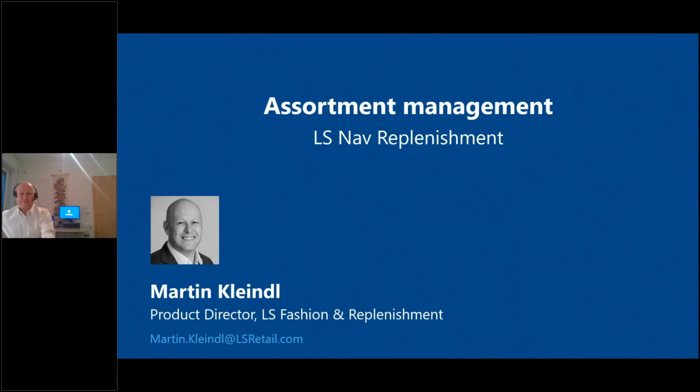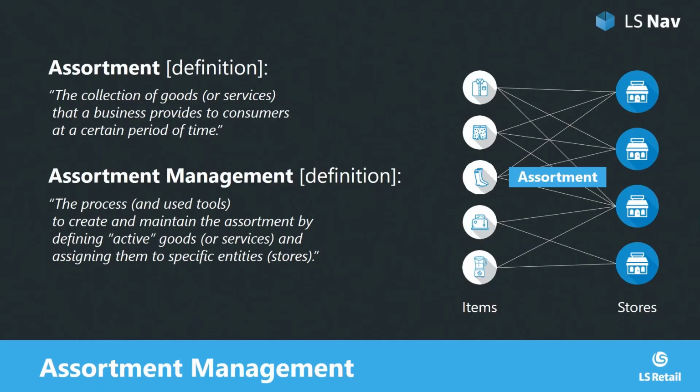Let's have a look at assortment management in LS Nav. What are assortments? Assortments are the collection of goods that a business provides to consumers at a certain period of time. So this defines the items we need to have in the stores in order to sell them.